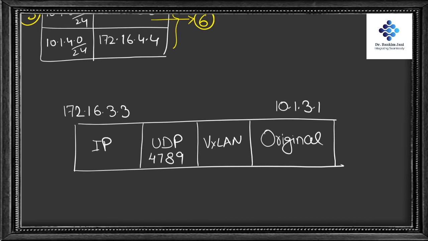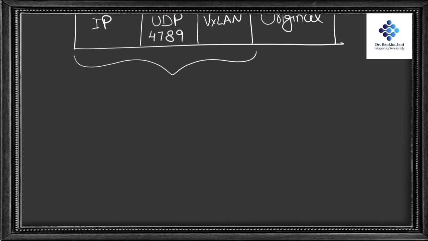So now the whole battalion will start moving towards 172.16.3.3, and once it reaches over there, this entire portion would be removed, and then it would say yes, 10.1.3.1, carry on, and it will go, right? So this is how VxLANs actually work with their entire system.